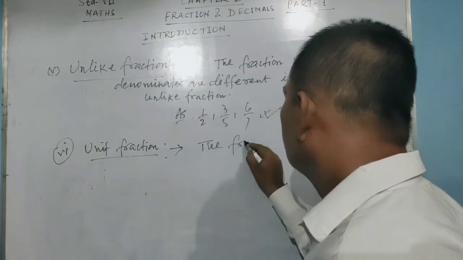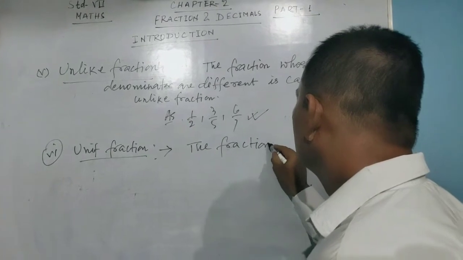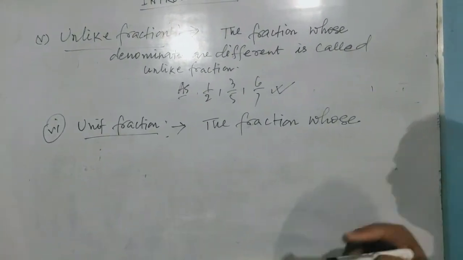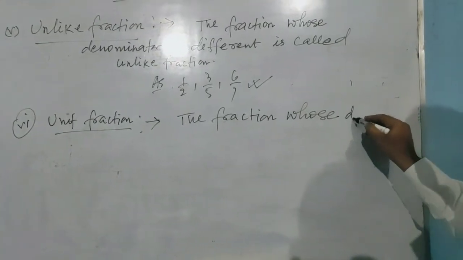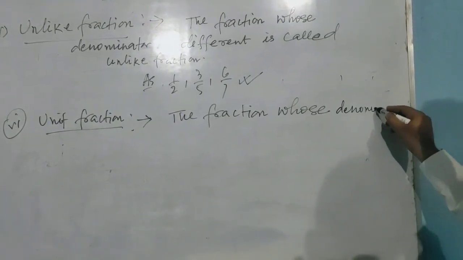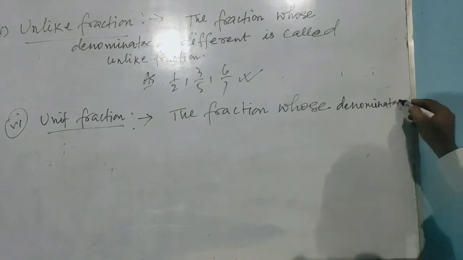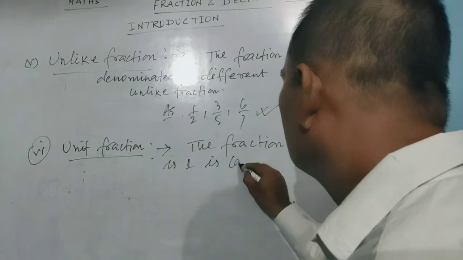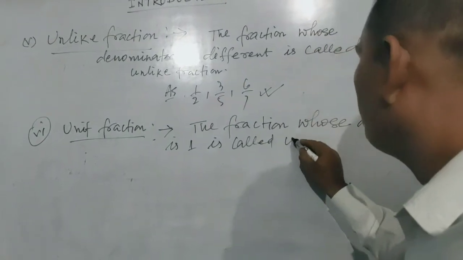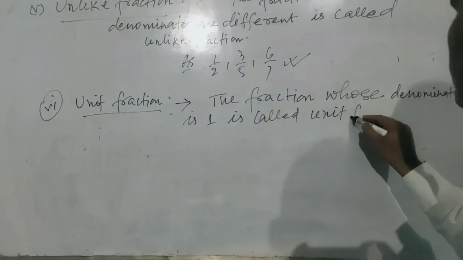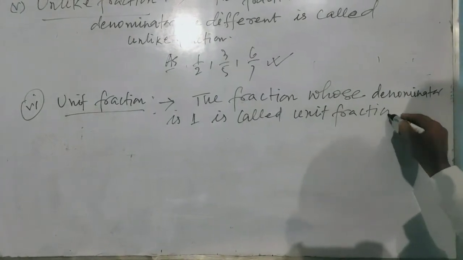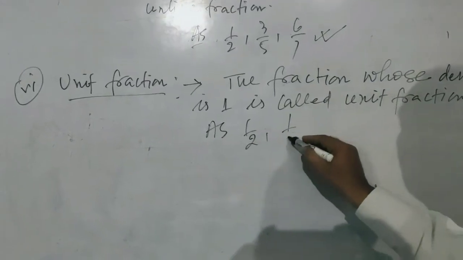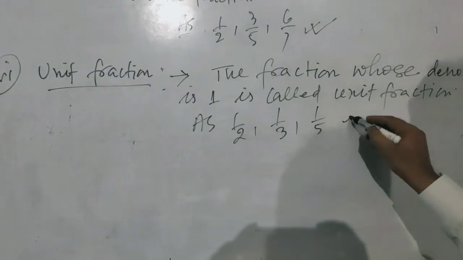The fraction whose numerator is 1 is called a unit fraction. Okay, example: 1 by 2, 1 by 3, 1 by 5, etc.